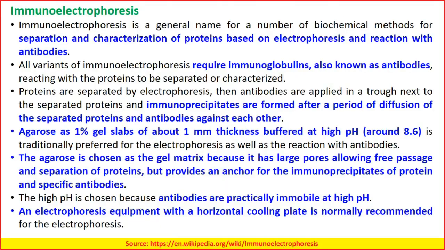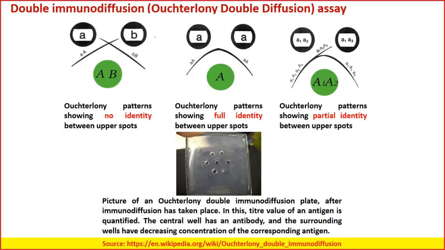Now our next topic is immunoelectrophoresis, but before going into immunoelectrophoresis, I would shortly discuss double immunodiffusion. I hope every one of you has heard of radial immunodiffusion. In radial immunodiffusion, you have an agar plate.